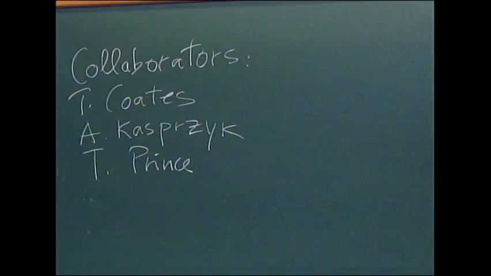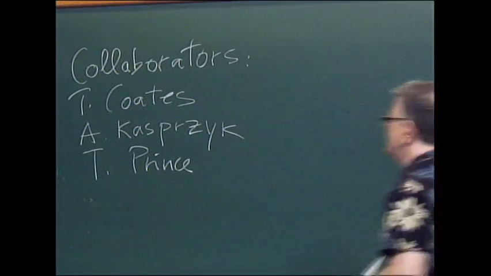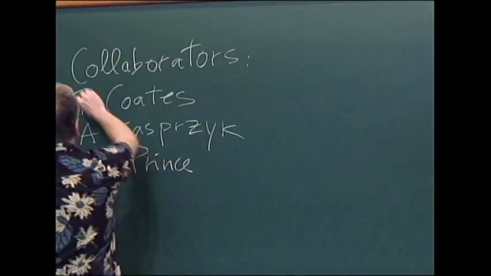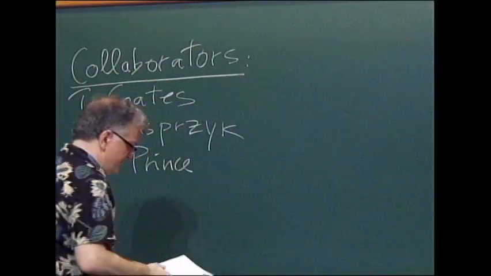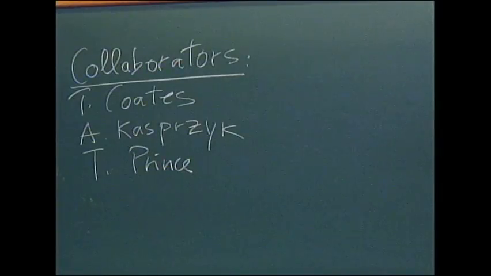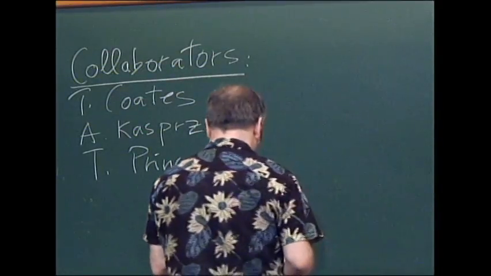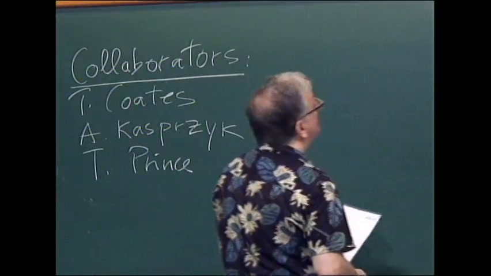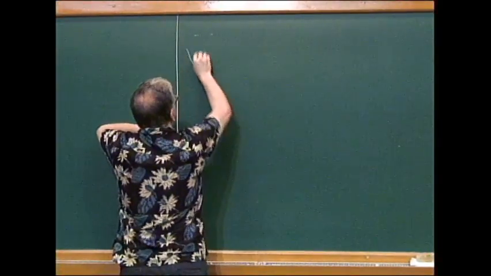We've been pursuing for a long time a project in mirror symmetry, and I'm going to tell you a little bit about the goals of what we want to do. But first, I'll tell you a little bit about what is mirror symmetry.